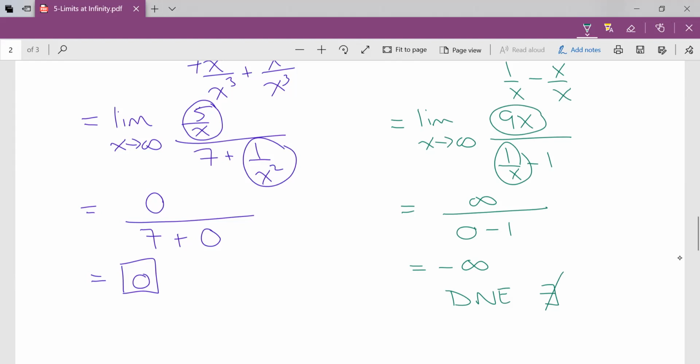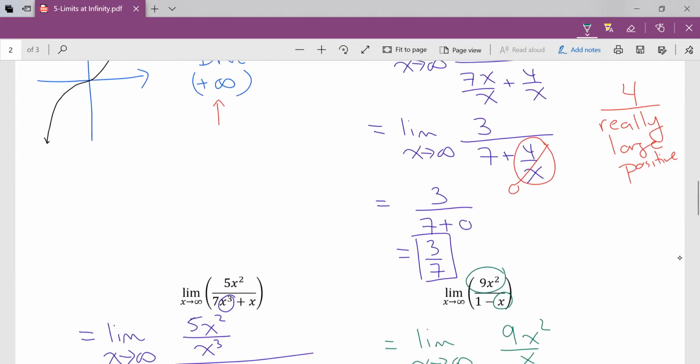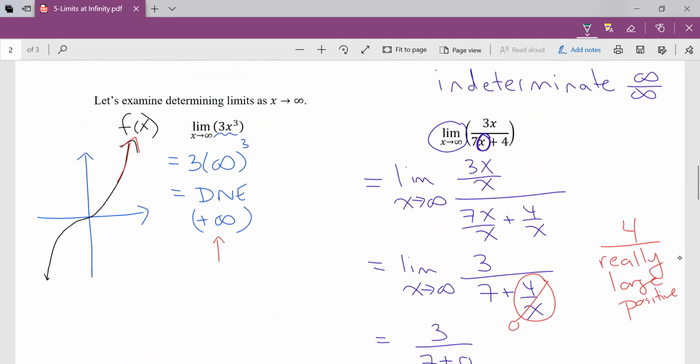Okay? So really what we just analyzed, friends, was 3 different cases. On this one here, the numerator and the denominator had the same degree. Do you see that? They both had a degree of 1.